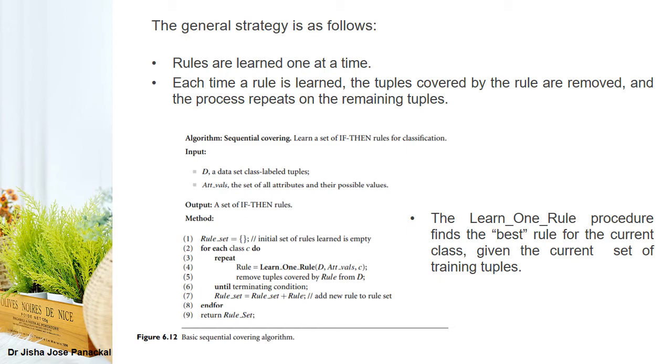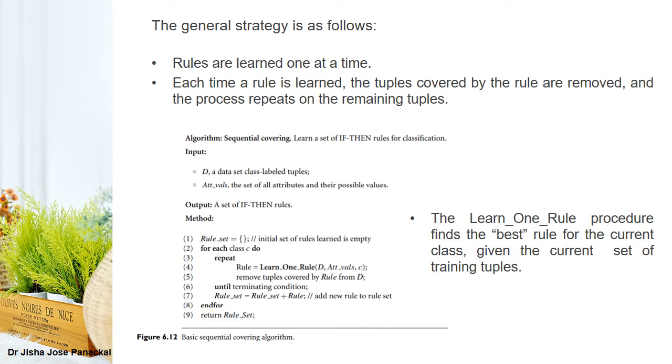We have input, that is the data set, class label tuples and attribute values, and we will get a set of if-then rules. That is, we are generating rules. The method is: initially the rule set is empty, and for each class C we repeat some steps. We call a procedure known as Learn One Rule, which finds the best rule for the current class given the current set of training tuples.